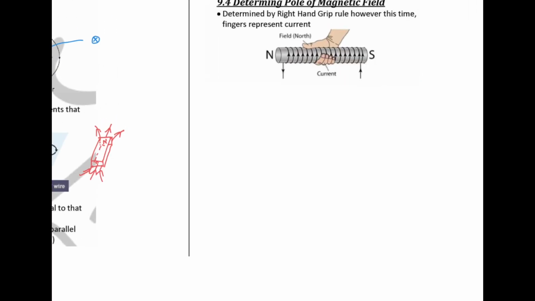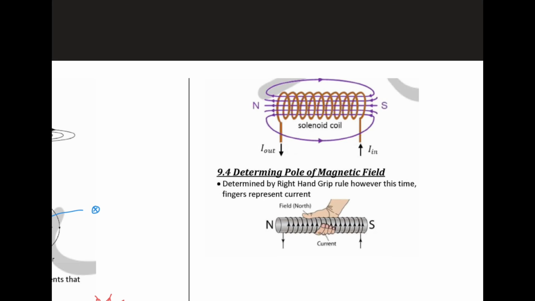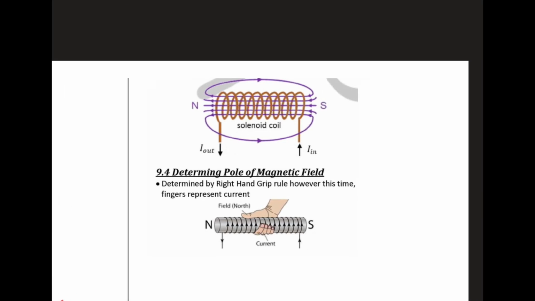Let's take a look at the picture first, how it looks like a bar magnet. It's something like this. It's a bar magnet. Here north and here south. The solenoid forms an electromagnet that has a magnetic field similar to a bar magnet.